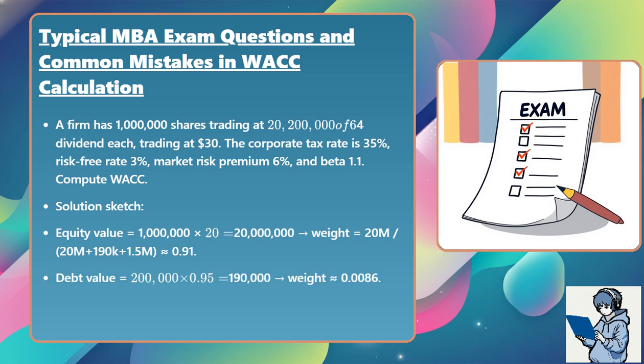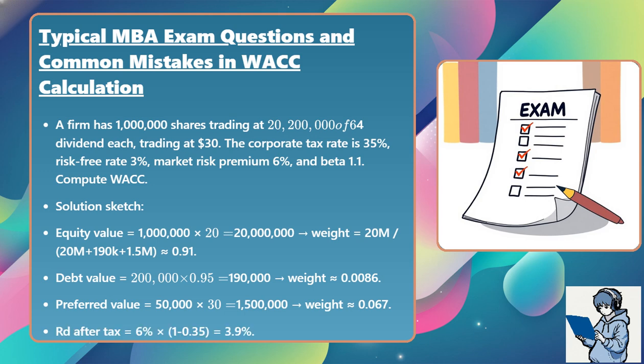Debt value equals $200,000 times 0.95 equals $190,000. Weight approximately 0.0086. Preferred value equals 50,000 times $30 equals $1,500,000. Weight approximately 0.067. RD after tax equals 6% times 1 minus 0.35 equals 3.9%.